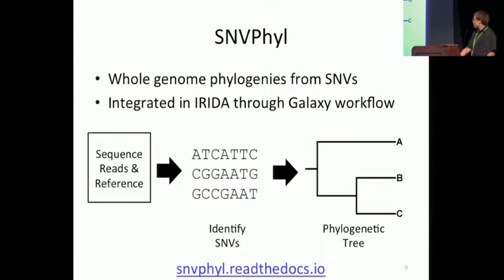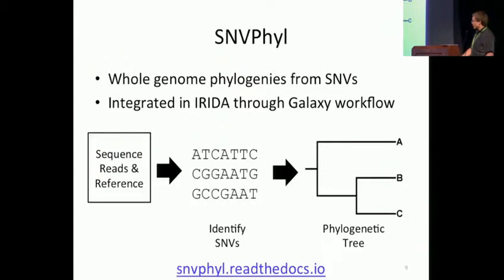So one of the particular pipelines we have in IRIDA is our SNVPhyl pipeline for generating whole genome phylogenies from single nucleotide variants identified from bacterial genomes. So in short, what it does is it takes reads and a reference genome. In this case, our reference would be a bacterial genome, often either some standard reference genome or something that's been assembled from the set of genomes you're interested in.